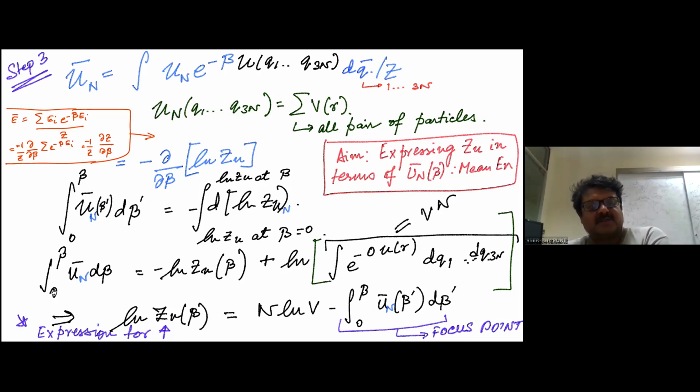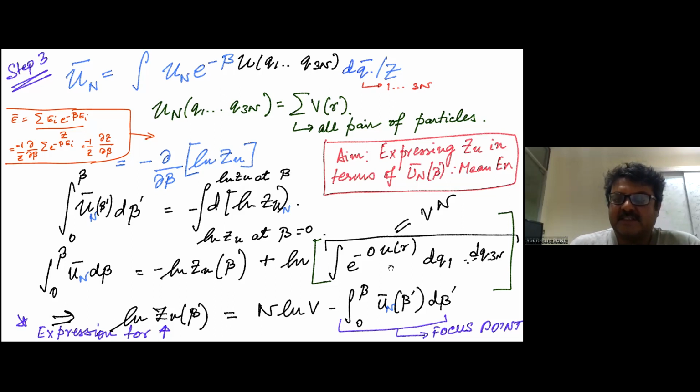When you do this, on this side you have the integral from 0 to beta of u bar d beta. Here you get minus log Zu at beta, plus log Zu at beta equal to 0. This term is e to the power minus 0 times u, and e to the power 0 is 1.